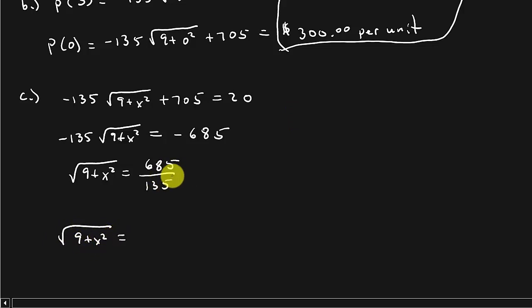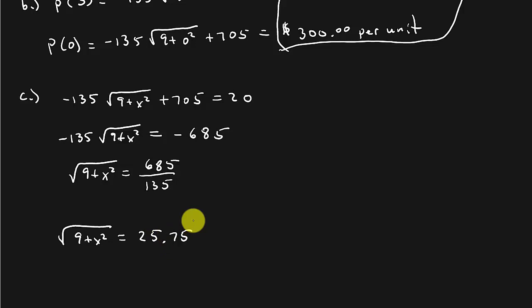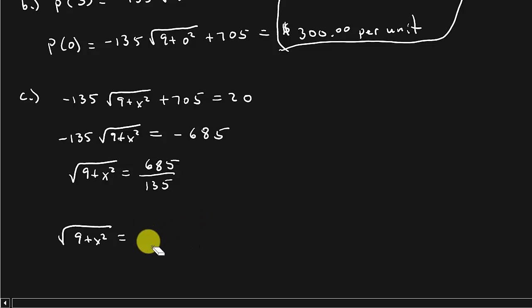And 685 over 135, if I do that in a calculator, let me double check that and make sure. 685 divided by 135. No, that's not right.